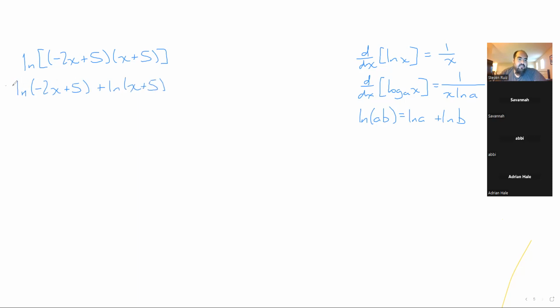If I want, I can rewrite the function I'm given like this and take the derivative that way. Let's do that, and then we'll do it a different way to show that as long as everything you do is okay, it does not really matter what order you go in. Now I can start using these rules. In fact, like most of the chain rule and exponential examples, we're going to have to get chain rule involved. Much like those, I believe my outer function is going to be the natural log of x.